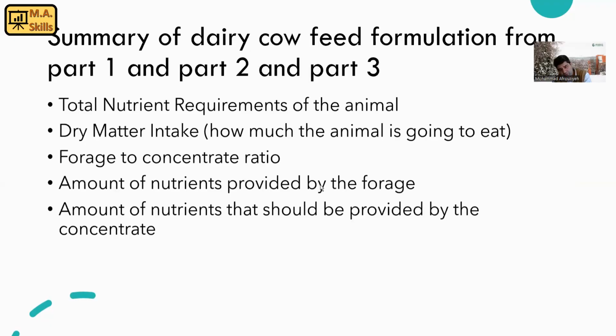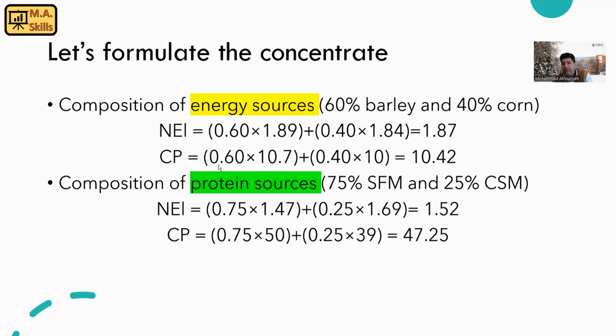So when you are formulating the diet, here you are using 60% barley, so 60% times 10.7 plus you're using 40% corn with 10% protein in it. So you're going to multiply 40% by 10, then add them up to have the final value for the protein in your energy ingredients. And the same idea is for the protein mixture. Doesn't matter, it's the same thing.